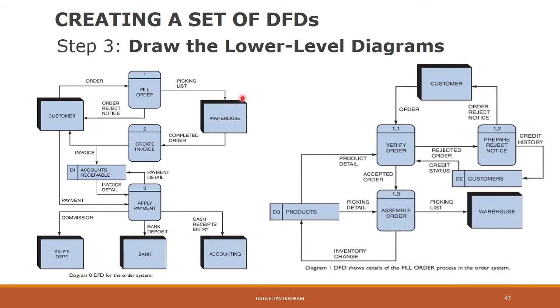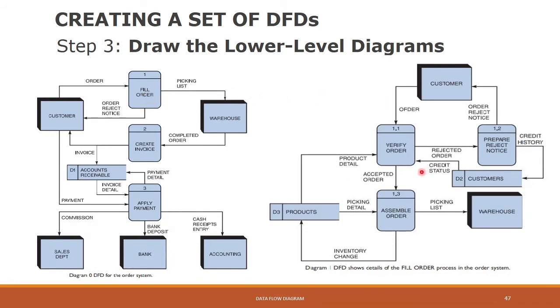On the guidelines, we should use unique numbers under process symbols. So if you want to explode or have more detailed processes under fill order, your process 1, you should use 1.1, 1.2, 1.3, and so on until you reach your primitive diagram.